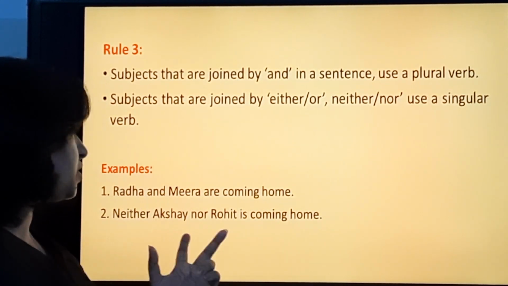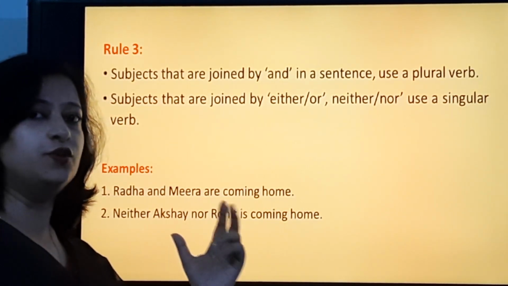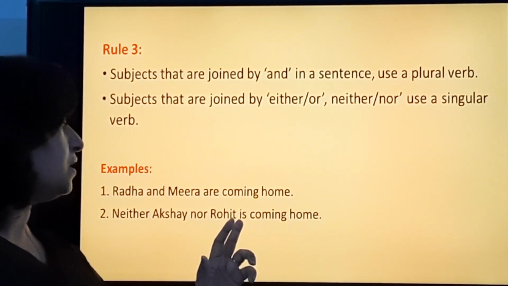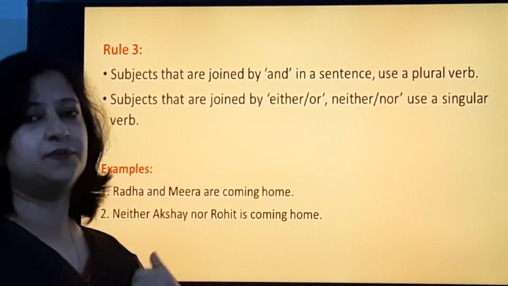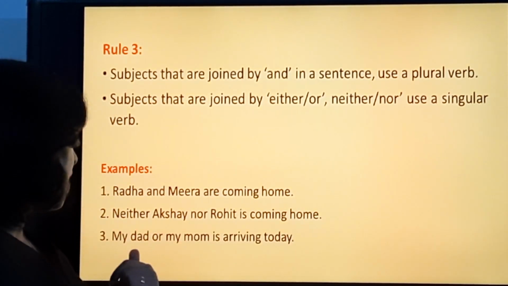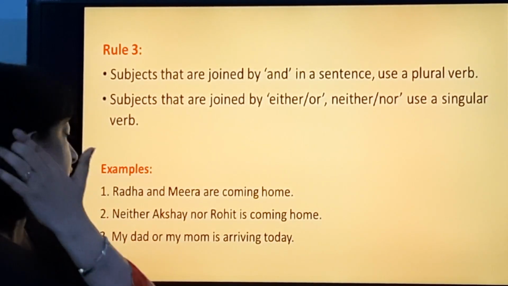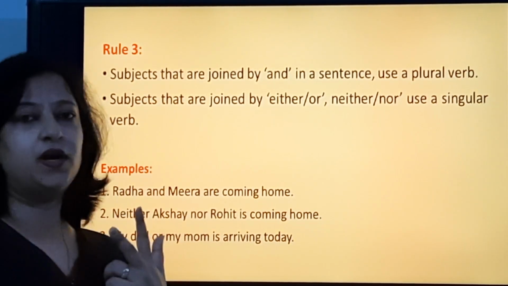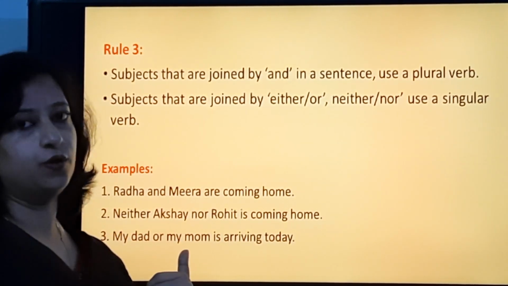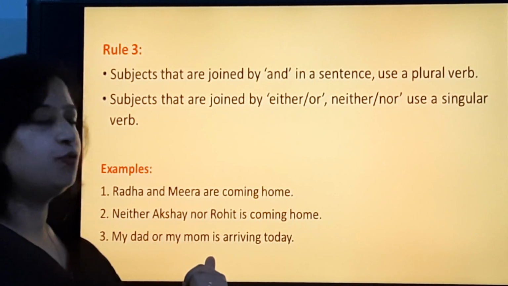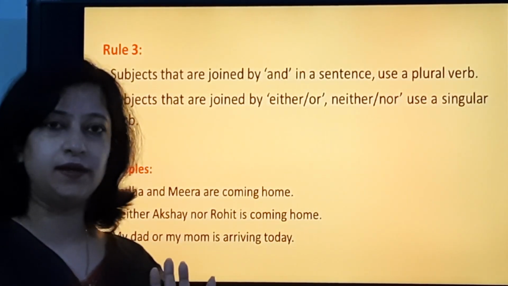Akshay and Rohit are connected with the help of neither/nor, but "is" is used because we will take the singular subject here. My dad or my mom is arriving today. Again we can see that my dad and my mom are two subjects joined with the help of "or". So we have taken only the singular verb, that is "is". I hope children this is clear.